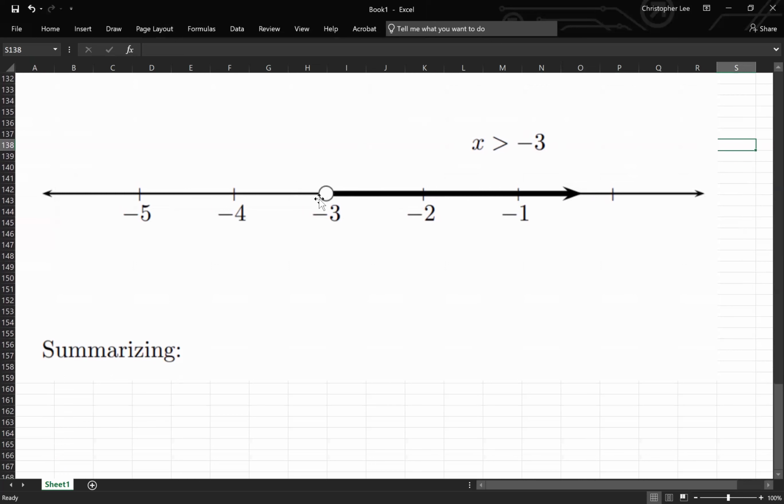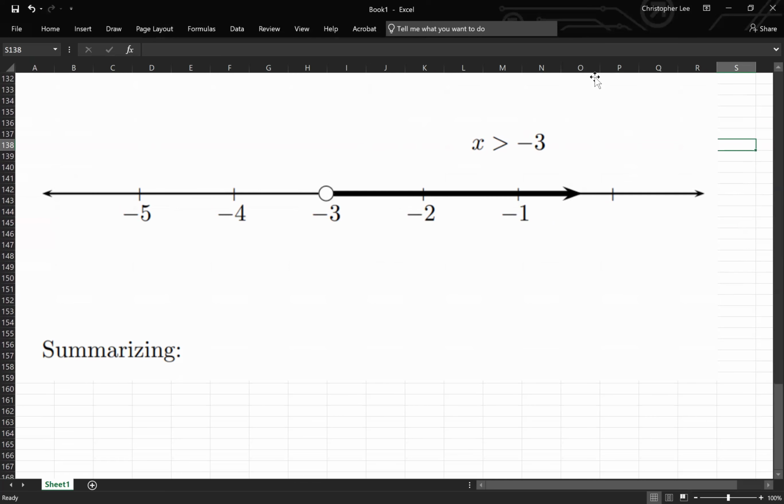We have -3 in the center, right? We're going to shade all the numbers to the right of -3, right? Because we're including all of that, right? But notice at -3, this is an open circle because -3 is not part of our solution, right? It's all the numbers that are bigger than -3, right?